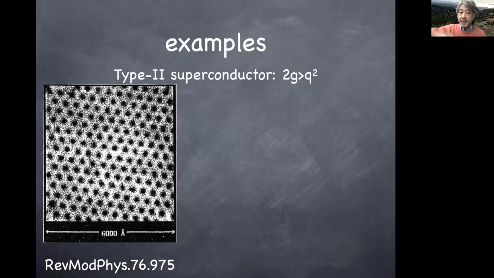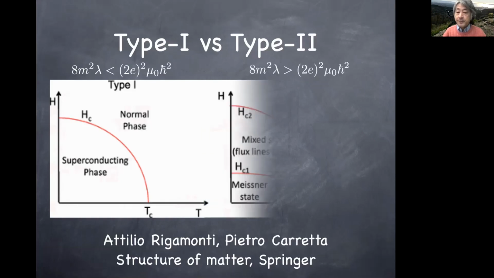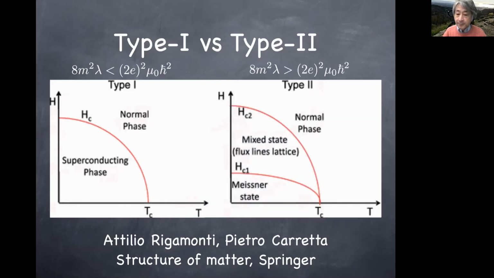And as you keep jacking up the magnetic field, this lattice becomes denser and denser. But beyond a certain critical magnetic field again, you can't sustain these vortices anymore. And then superconductivity gets totally destroyed, and it goes back to the normal material. And that's the second phase transition.